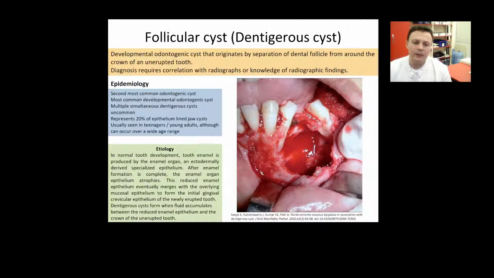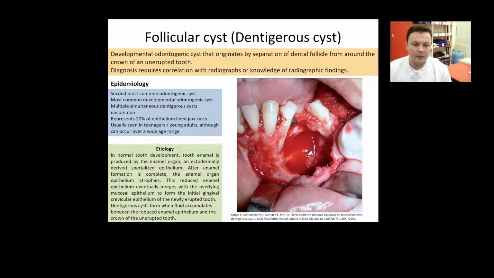If we talk about etiology, in normal tissue development, tooth enamel is produced by an enamel organ, an ectodermally derived specialized epithelium. After enamel formation is complete, the enamel organ epithelium atrophies.